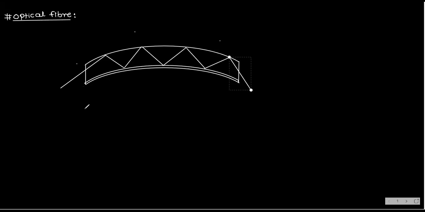You can see here, this is how transmission takes place through this optical fiber.